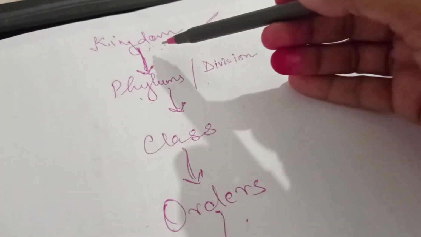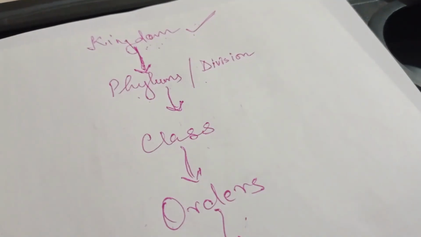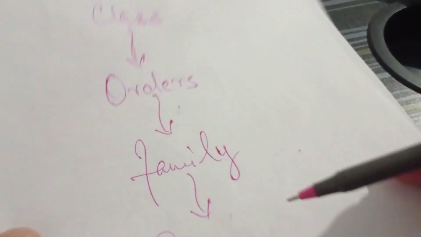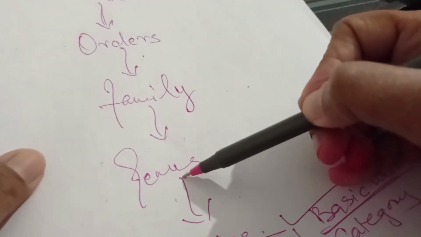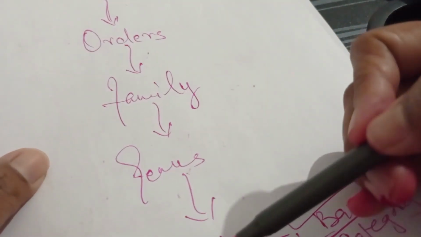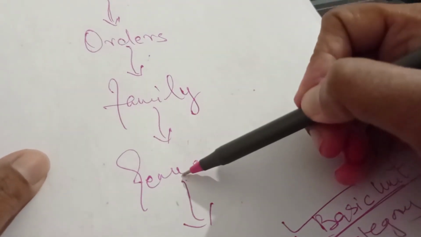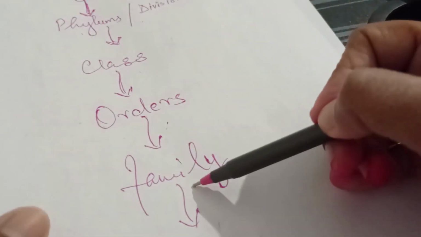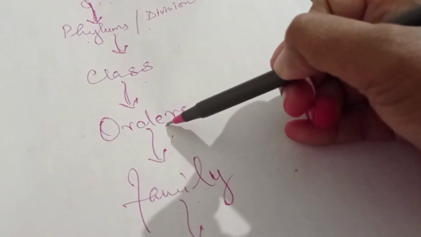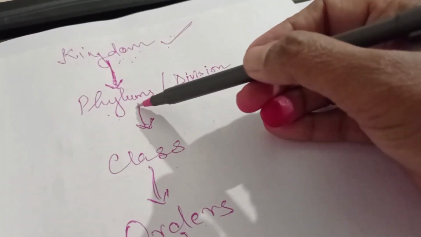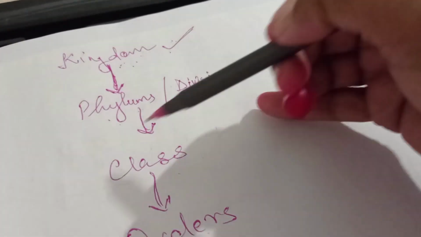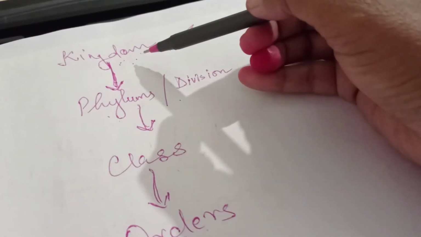This is the descending order of the hierarchy. And if you are asked ascending order, you have to start from species, then move upwards. Many species come under a genus, many genera come under a family, many families come under an order, many orders come into a class, many classes come inside a phylum or division, and many phyla comprise the kingdom.